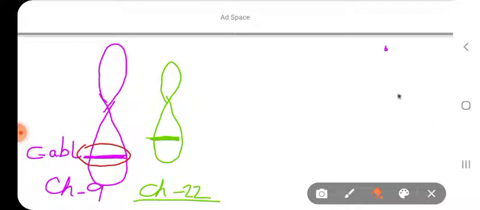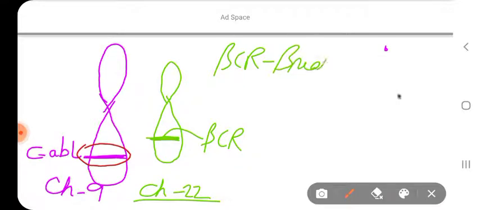So within chromosome number 22 there is another gene called BCR. The full form of BCR is breakpoint cluster region.